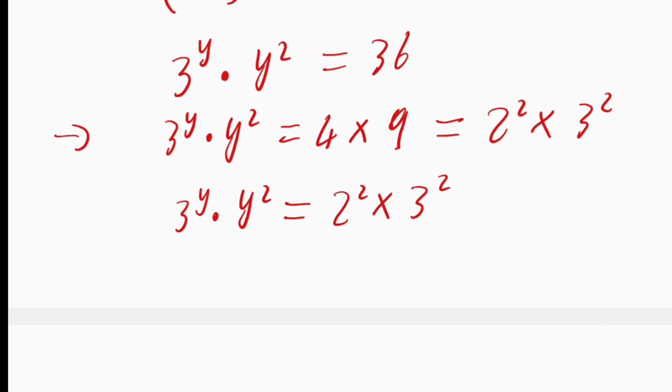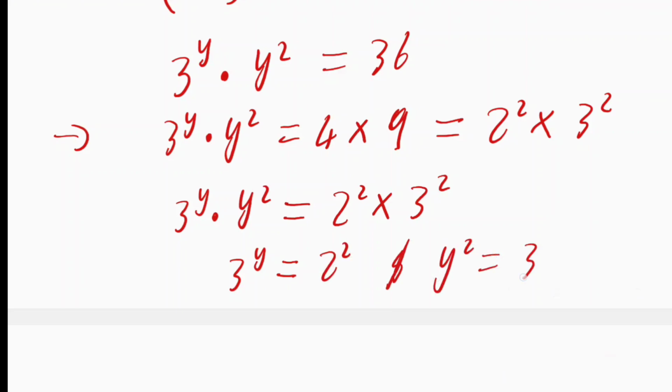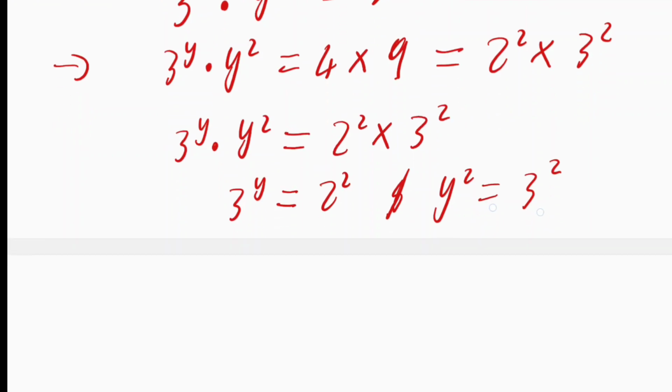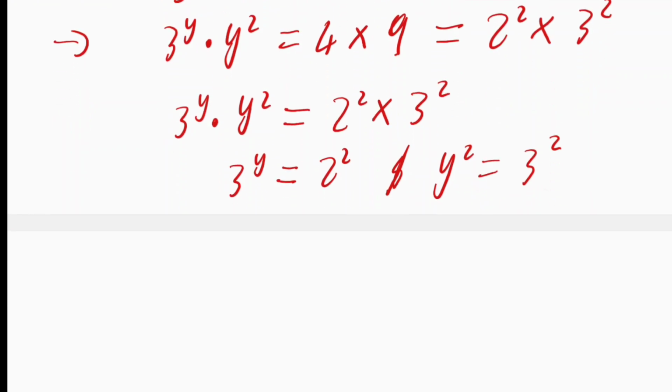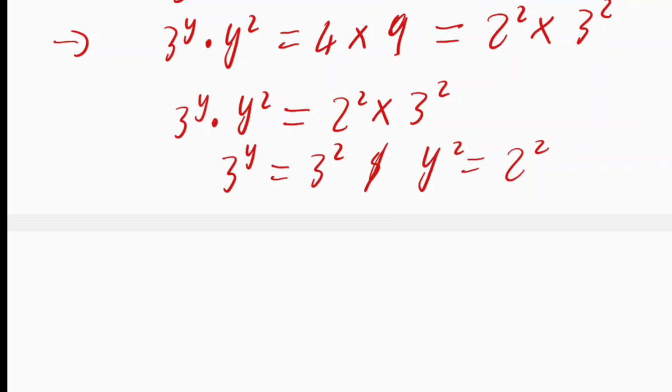If you look at this equation very well, we see that we have like terms which you can equate, which means 3 to the power y is equal to 2 square and y square is equal to 3 to the power 2. Sorry, it was an error there.